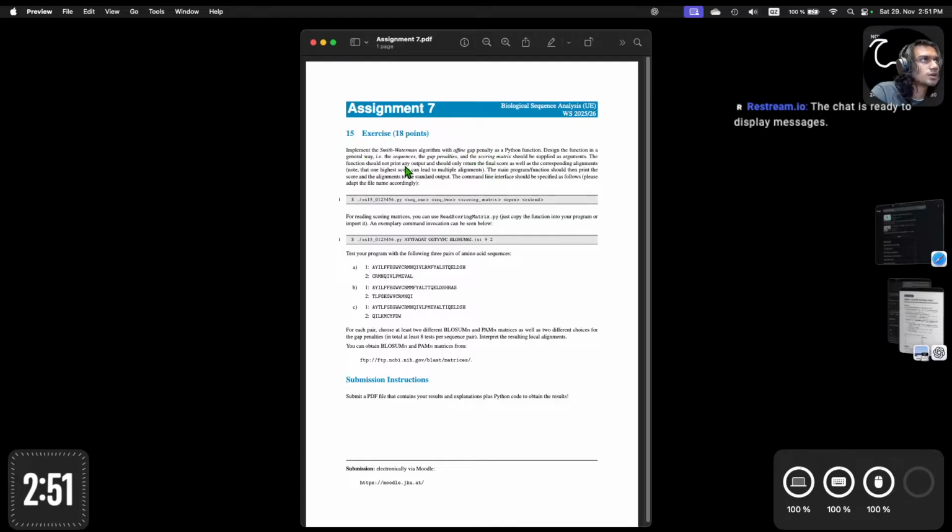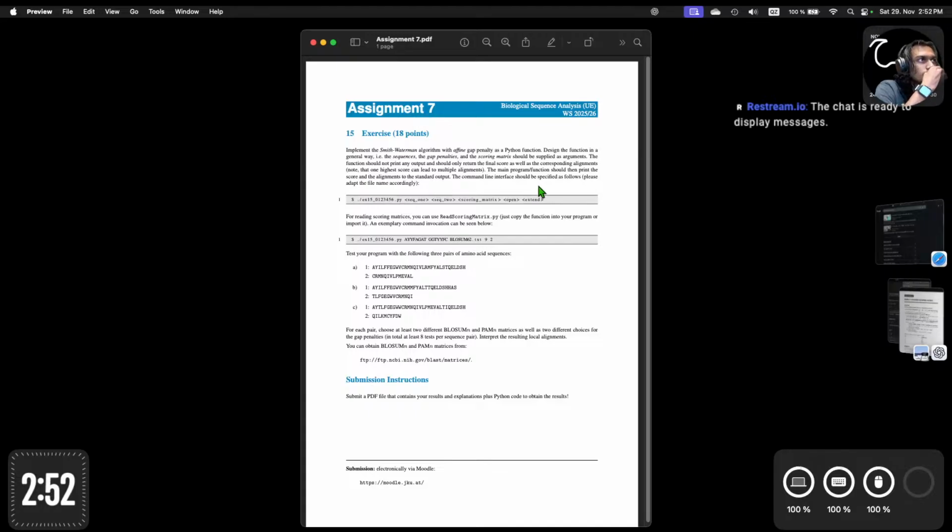The function should not print any output, should only return the final score as well as the corresponding alignments. The highest score can lead to multiple alignments. The main program should then print the score and alignment to standard output.